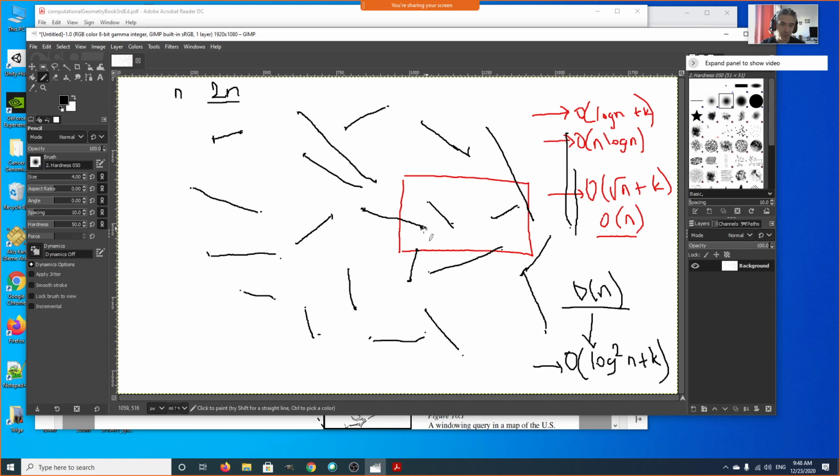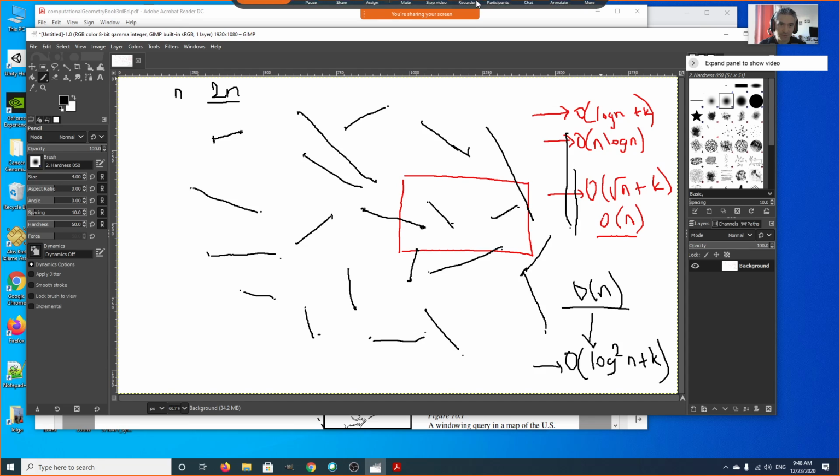Still, we're going to consider this as a line segment to output. In order to output this line segment, a single endpoint being on the boundary is sufficient. So if we just query the endpoints of these line segments, we should be able to find all the line segments that intersect, right?